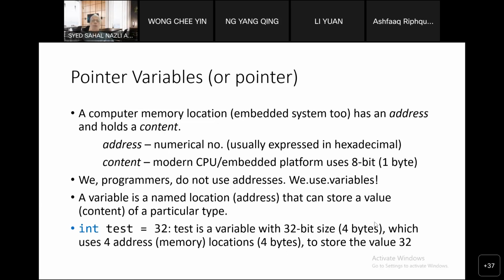So if you have 4 byte, it means that you require 4 addresses of memory to put these 4 bytes, which store the 32-bit value. In these 4 locations, the value is 32 in this example.